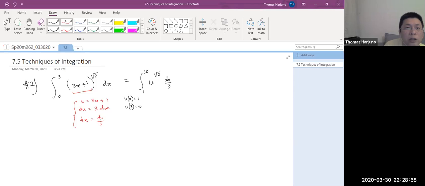And I hope you can see the substitution. This guy becomes this, right? And this guy becomes u. Don't forget that the limit of integration should also change.